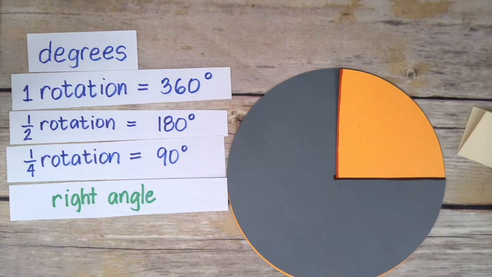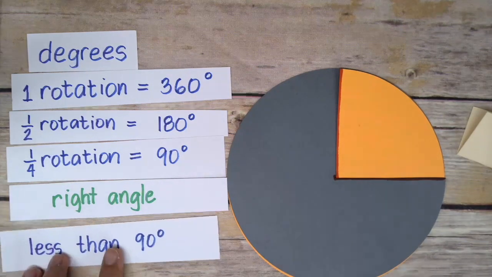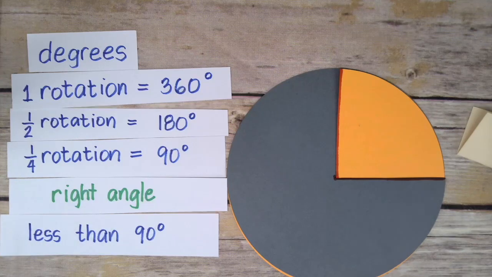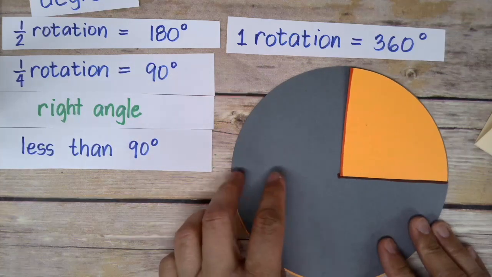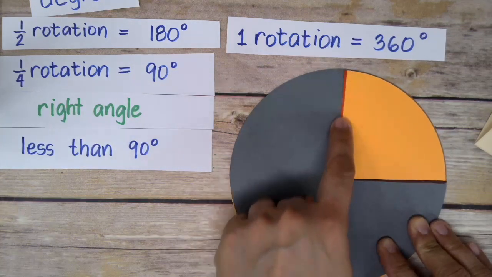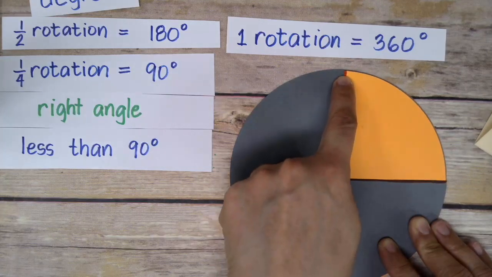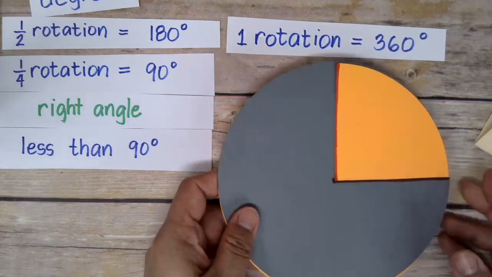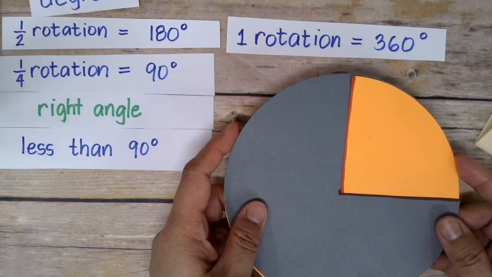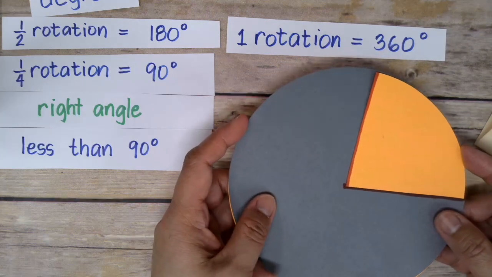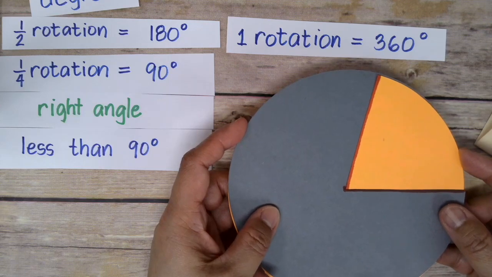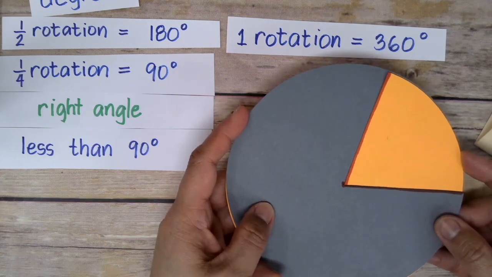There are angles wherein their measures are less than 90 degrees. So if this is our 90-degree angle, then an angle less than 90 degrees must have a smaller size, so we can adjust our gray circle.